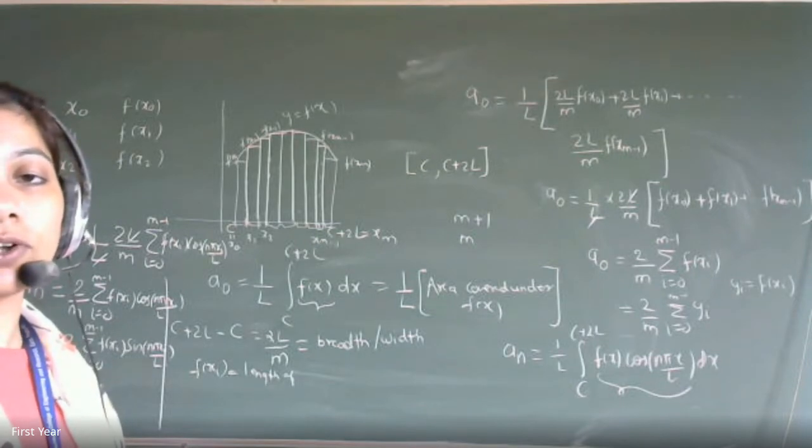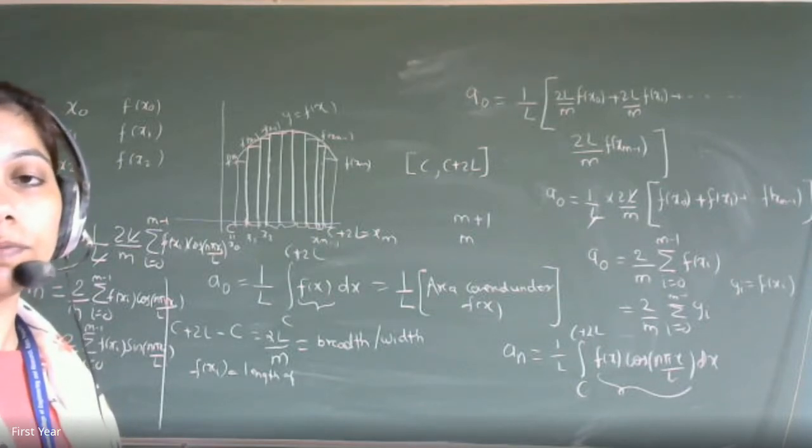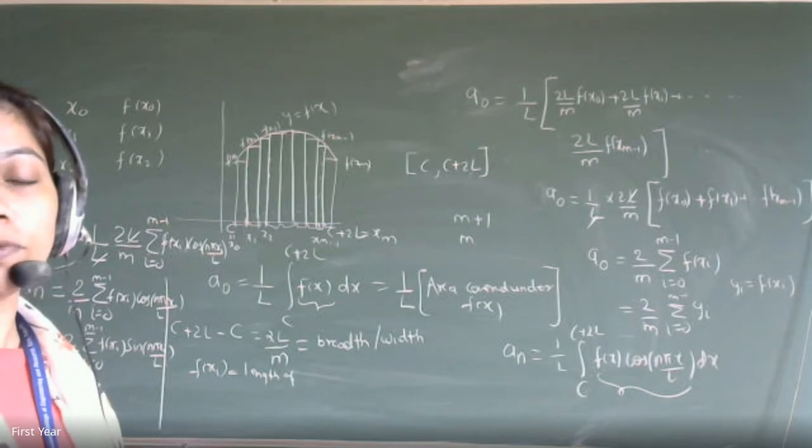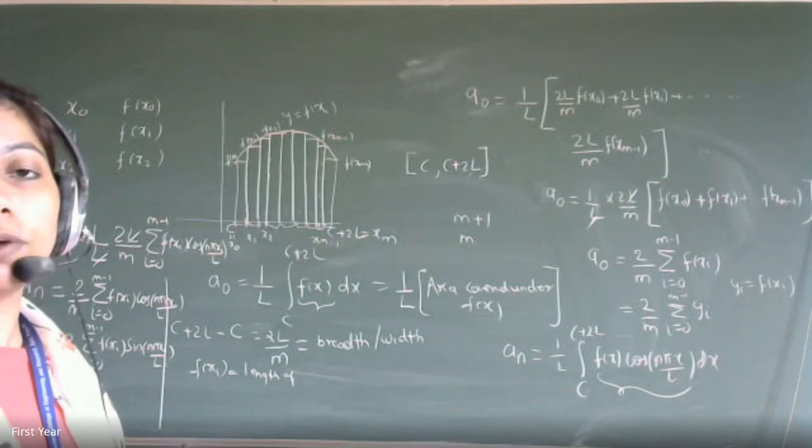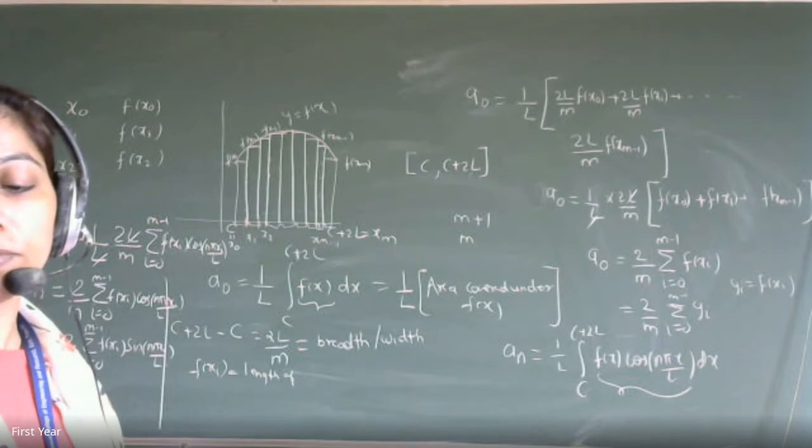Being a periodic function with period 2l, f of x0 will be equal to f of xm.